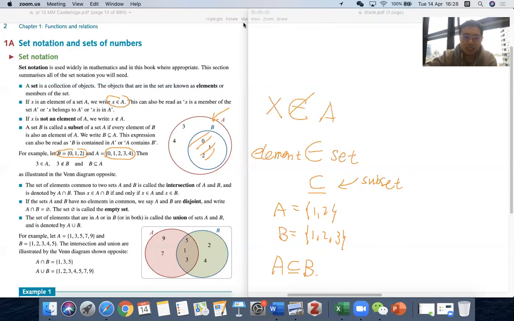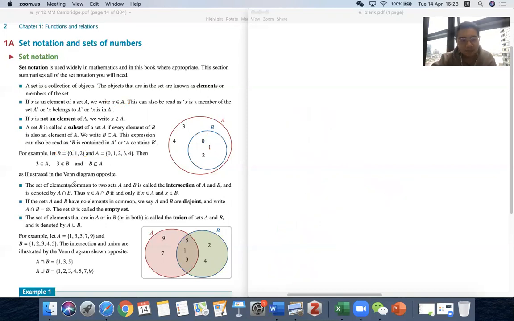And there are another two really important mathematical symbols to connect two sets. The first one is intersection, which looks like this. And the other one over here we call union. The intersection means the element must belong to A and belong to B as well.